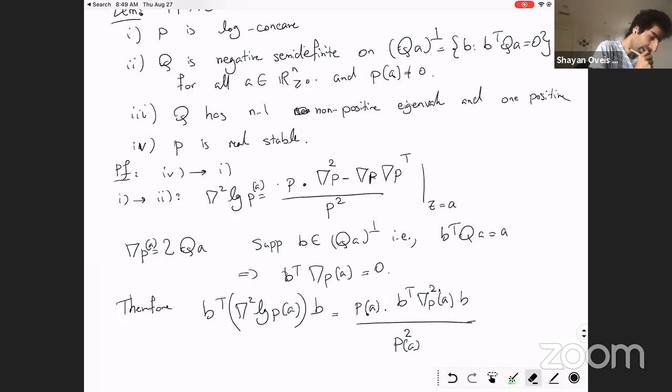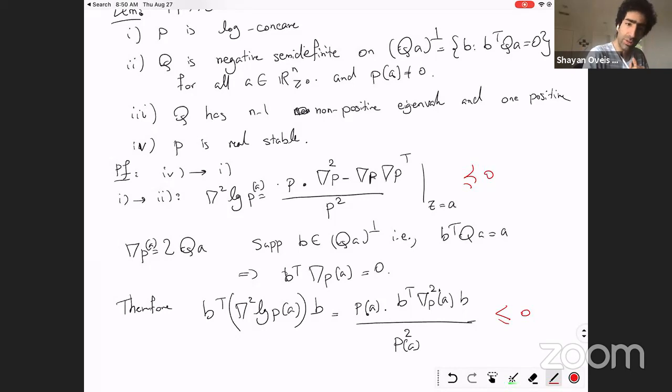Now what do we know? We know that the Hessian of the log is negative semi-definite, so this quantity is less than or equal to 0 for any vector in general, but in particular for B's which are orthogonal to QA.